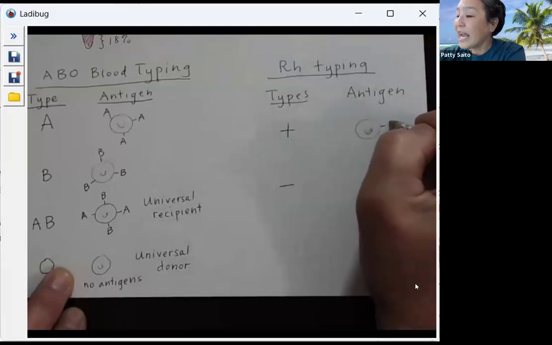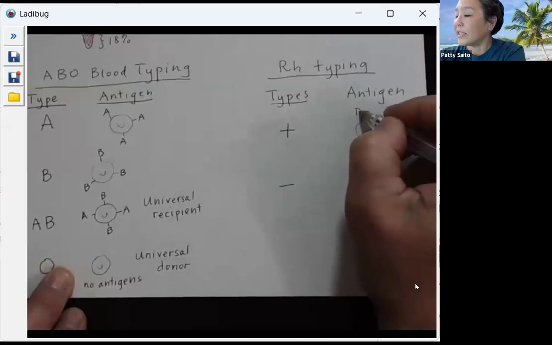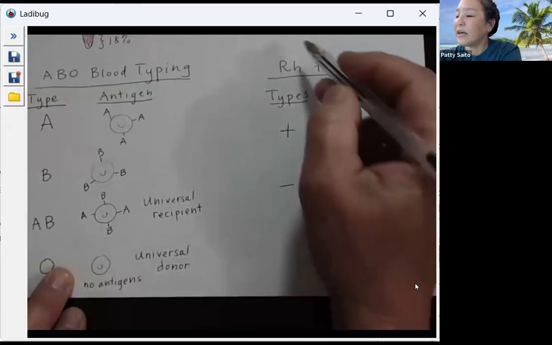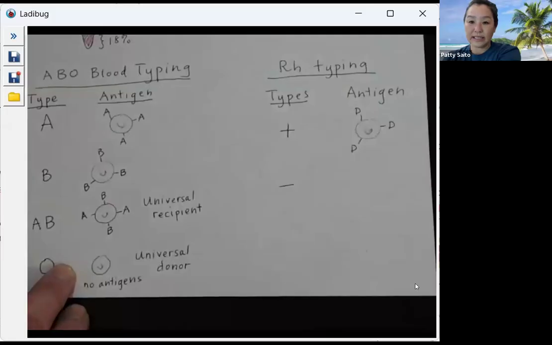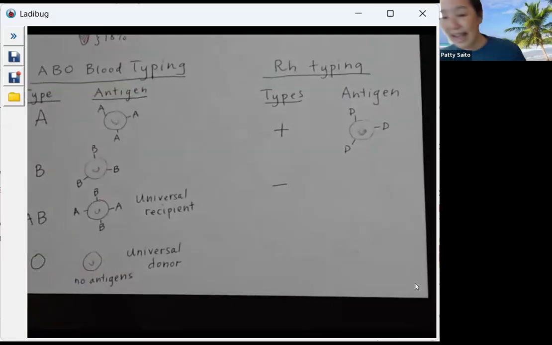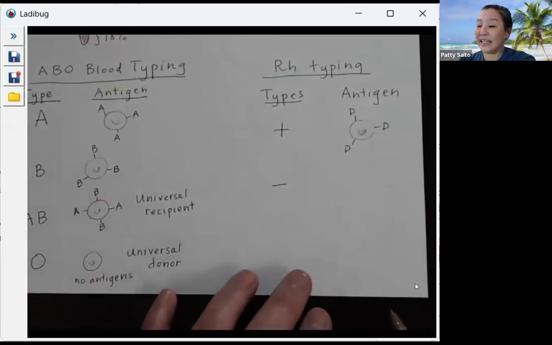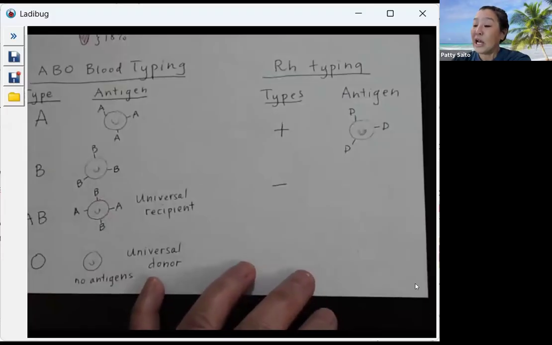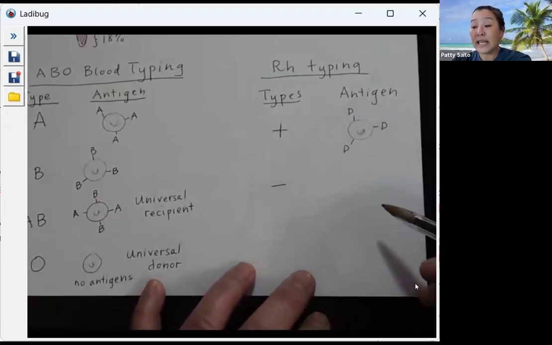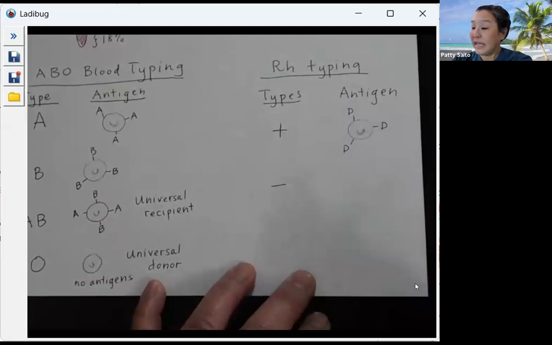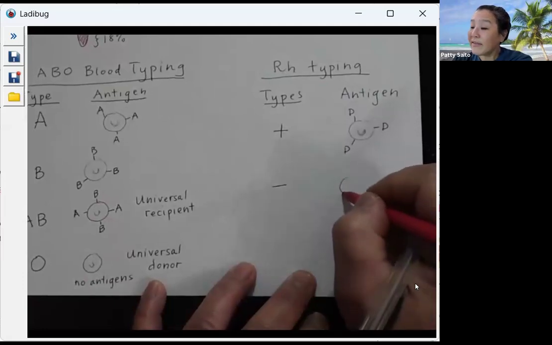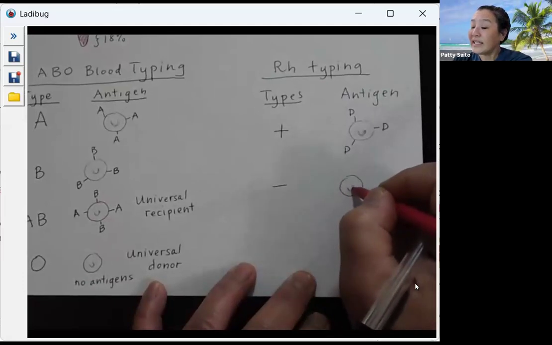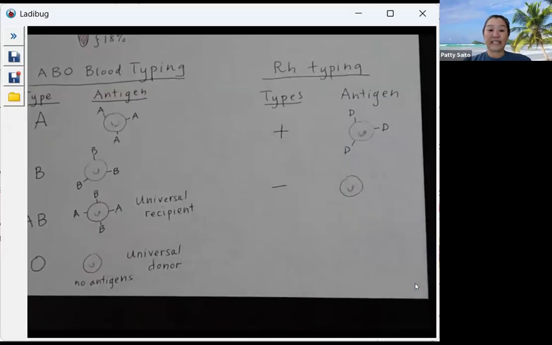This is called the D antigen or the Rh antigen. Rh comes from rhesus monkeys. They called it that because they found this antigen in monkeys first, in the rhesus type of monkeys. So if you have the D antigen, you're positive. If you do not have the D antigen, you're negative. That's all. It's very simple.